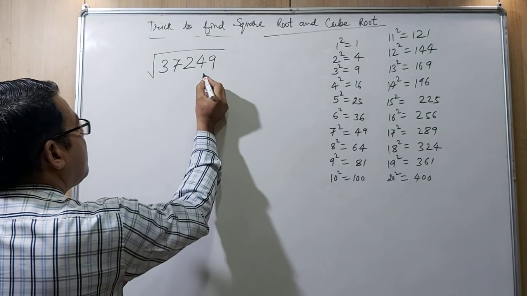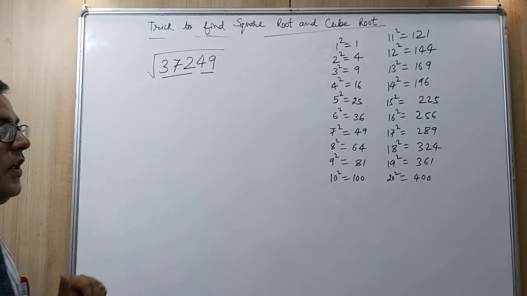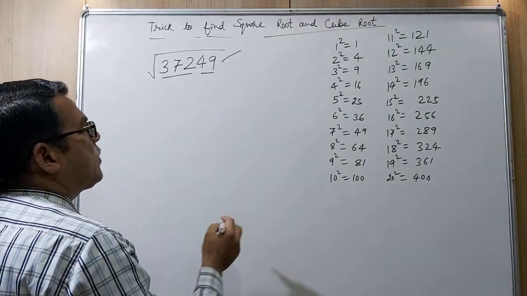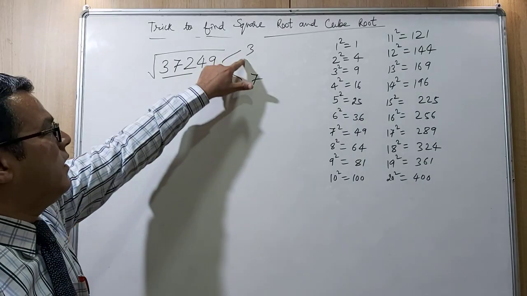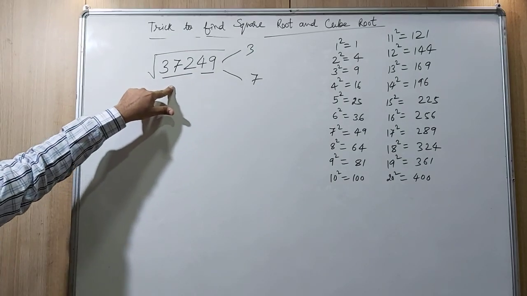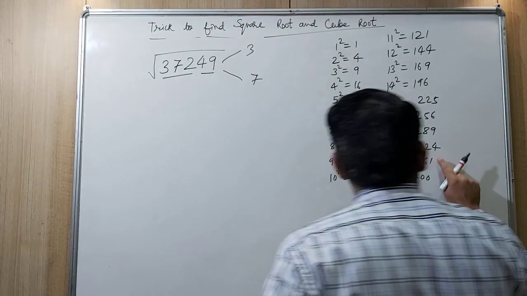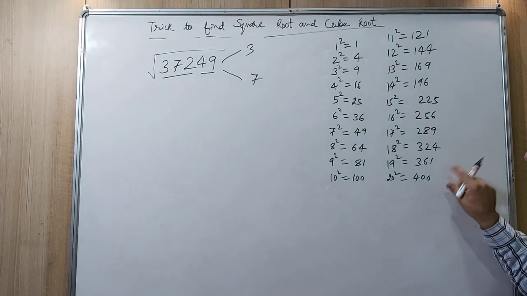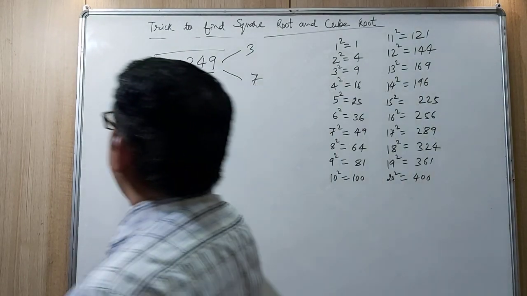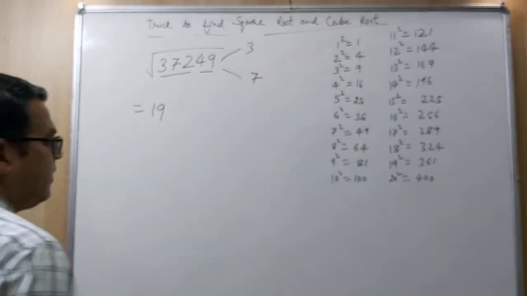So this is the first group, this is the second group, and 9 comes in the square of 3 and in the square of 7. The last digit you need to check here. Hope you understand. Now the first group is 372. So we know that 372 comes between the square of 19 and the square of 20. So the lesser value we have to take here. So we will take here 19.